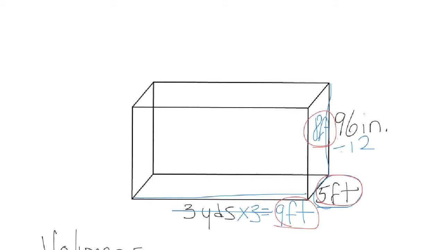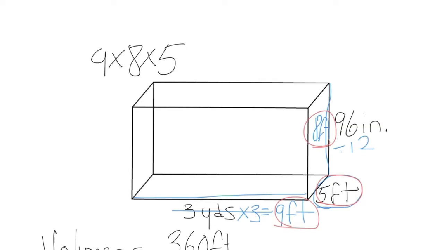So I have my 3 measurements of 9 feet, 5 feet, and 8 feet. I can multiply the 3 of them to find my answer. Again, we should be using our calculators. We find our volume of 360 feet cubed.